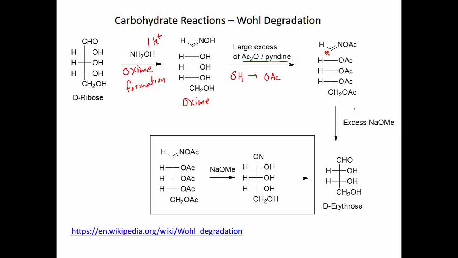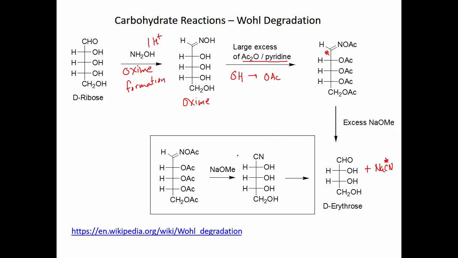Okay? All right, so this carbon is going to go away. Okay, it's going to go away as sodium cyanide. Okay, we'll look at that in just a second. So excess sodium methoxide is going to hydrolyze every one of these esters.